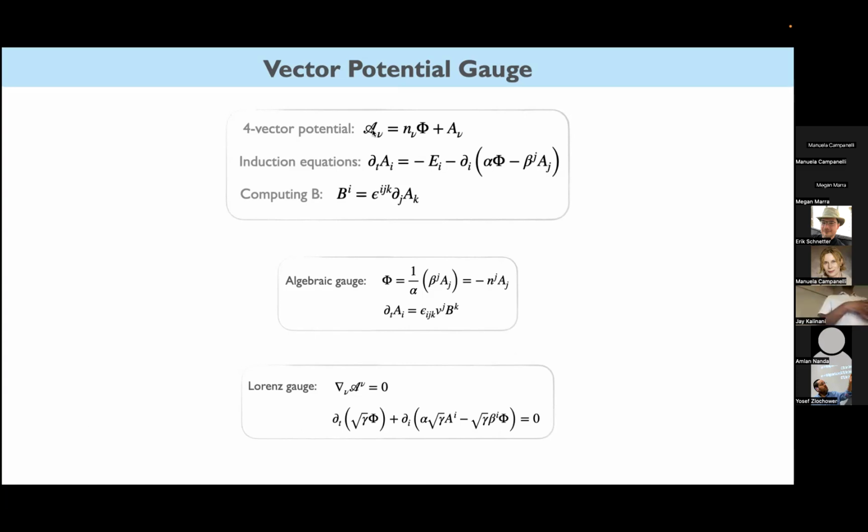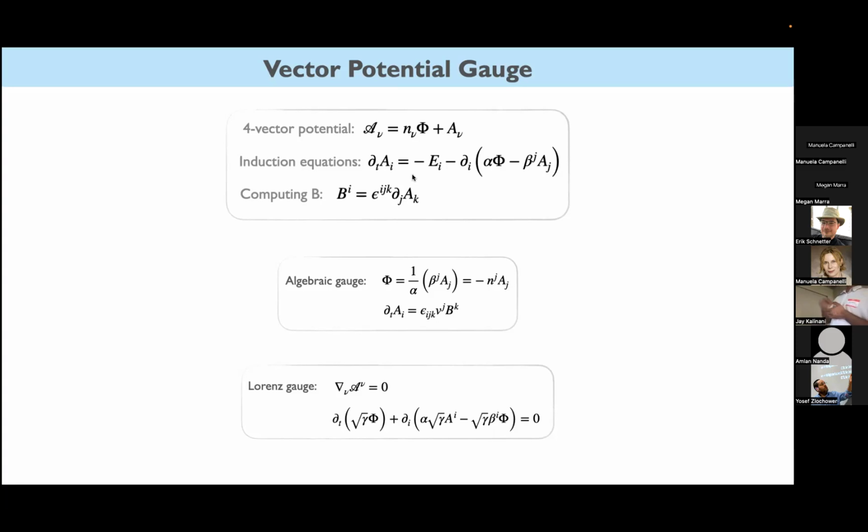In this case, the induction equations are written in terms of A, and once you have A, you can compute B from the curl of A. The big advantage of evolving the vector potential is that it automatically satisfies the divergence-free constraint. That can be problematic when you're directly evolving B, and it can lead to spurious effects unless you make sure that the divergence of B always remains zero.